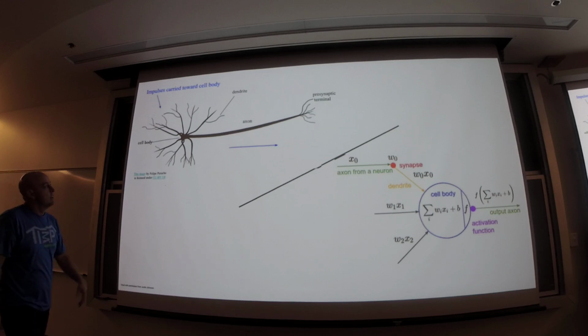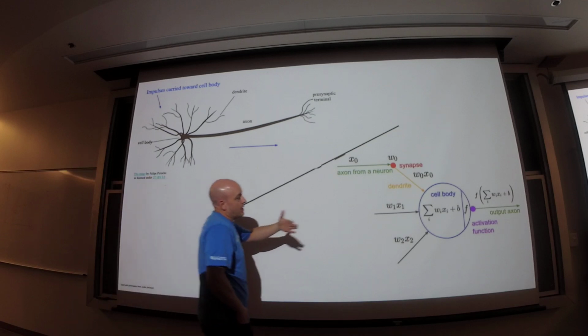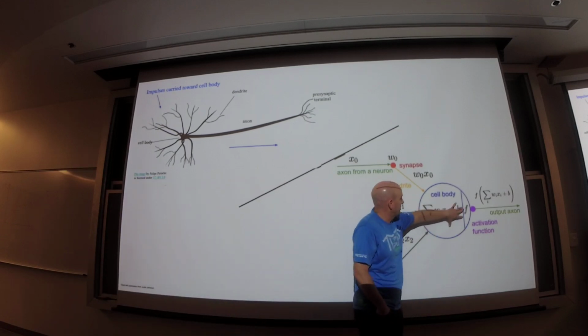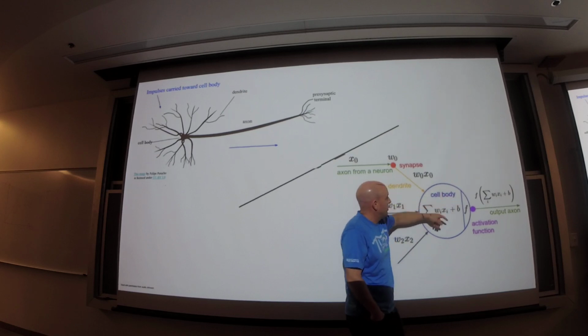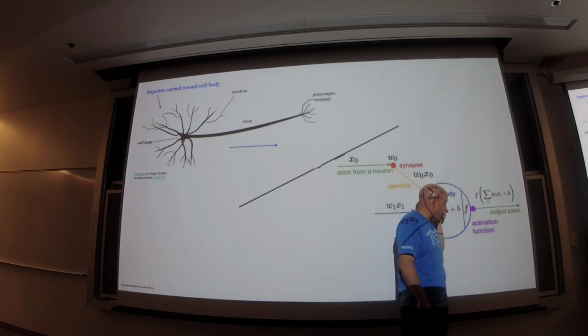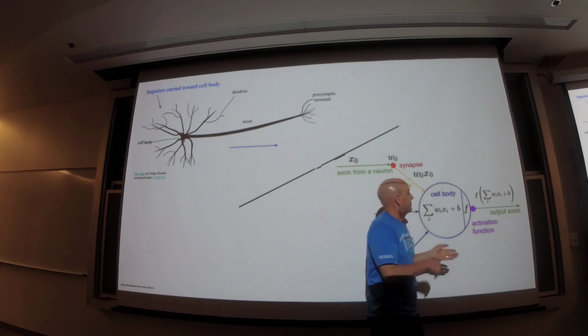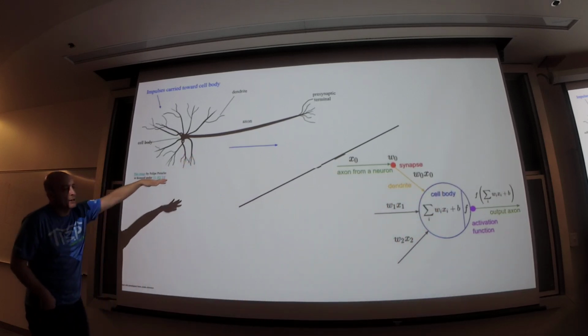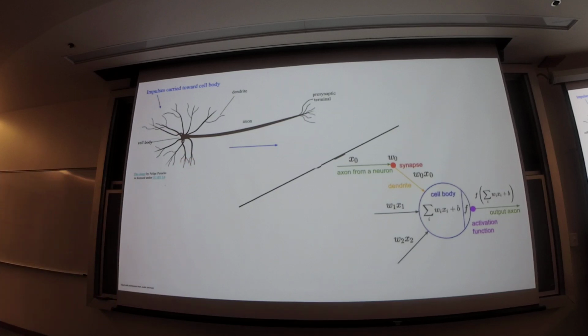And then there's some way of determining how much signal there needs to be at the cell body to then create this output along this particular axon that will go and connect with other neurons.